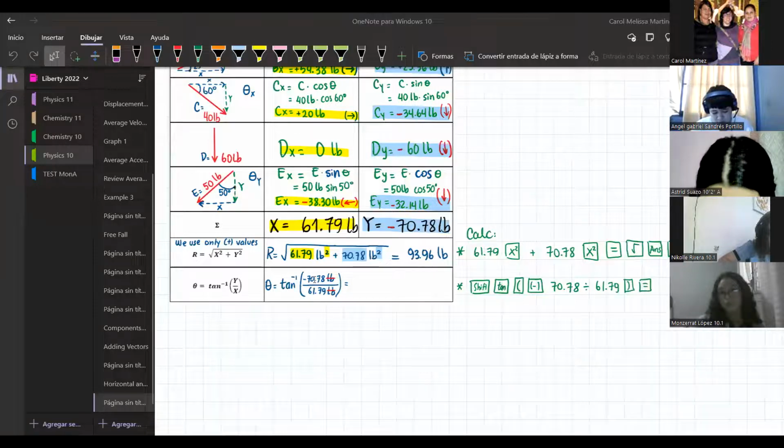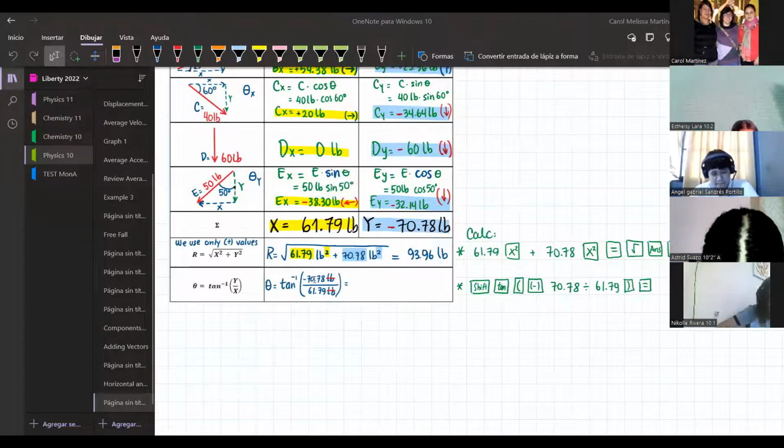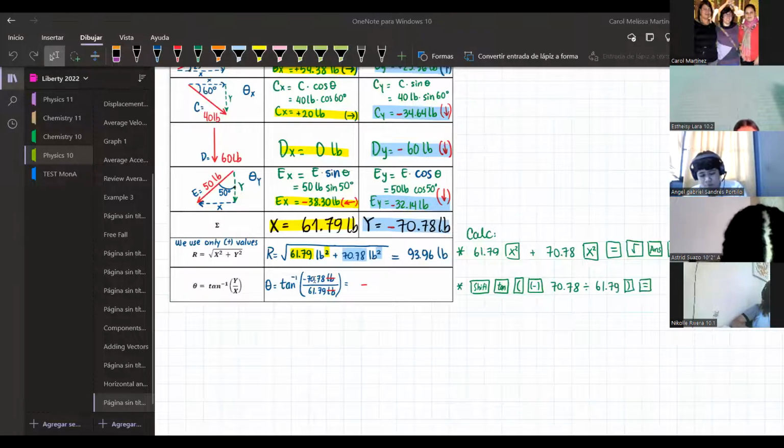How much did you get? Negative 48.88. Negative 48.87. Okay. Shift tangent of negative 70.78 divided by 61.79.